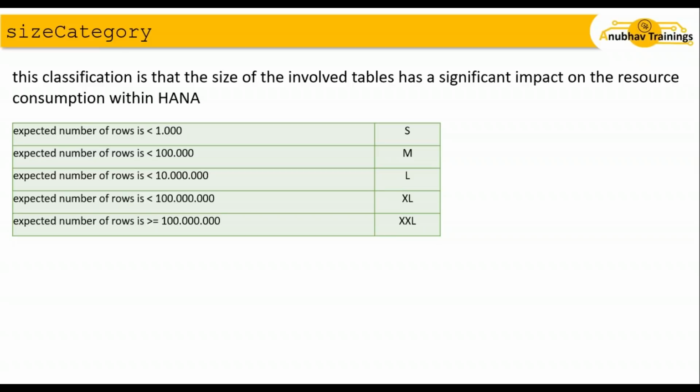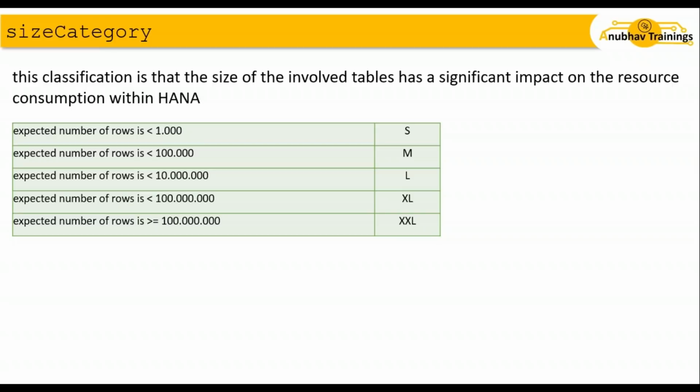So HANA doesn't really need to allocate too many resources, too much CPU power, to this type of CDS during execution time. That way you are preserving a lot of important and precious resources of HANA. At the same time, these precious resources can be given to a CDS with size category XXL, which is probably processing a humongous amount of data.